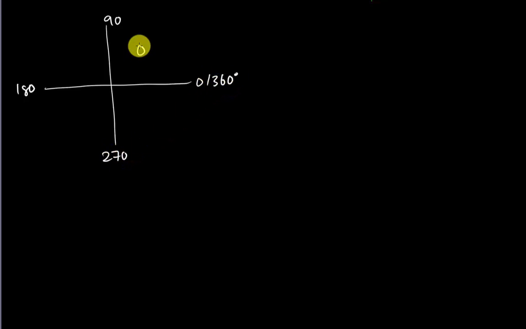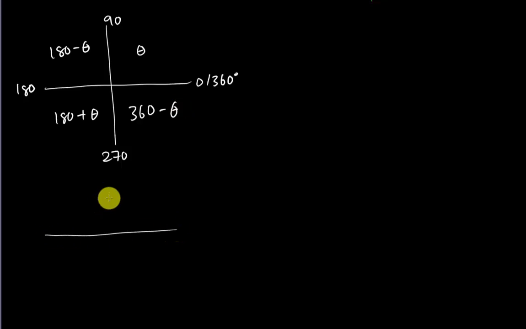The first quadrant is just the angle. The second one is 180 minus angle. The third one is 180 plus angle. The last one is 360 minus angle. And this is going to help me a lot.